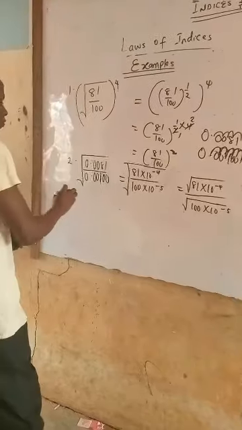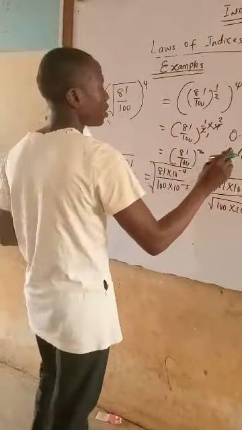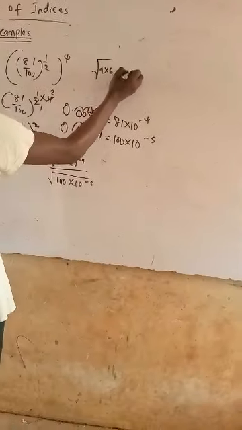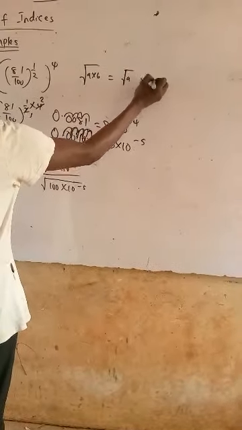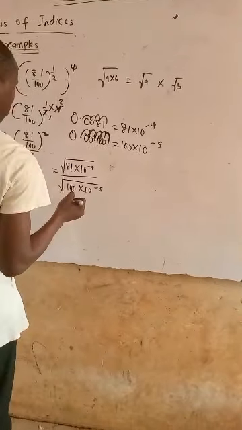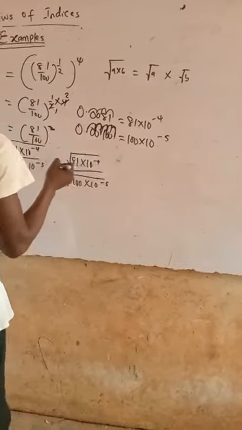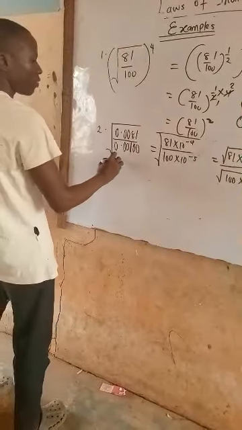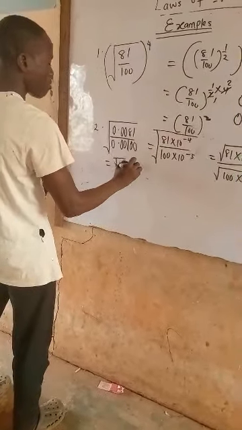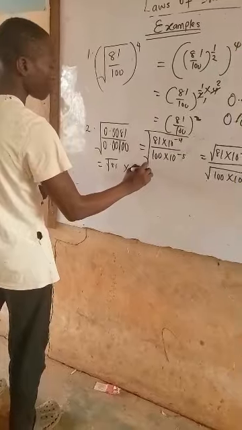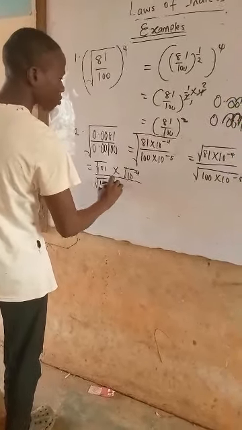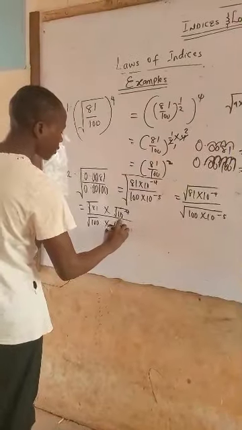Now, don't forget that from the law of surds, we have square root of a multiplied by b is the same thing as square root of a multiplied by square root of b. So I can now split this myself. So I have square root of 81 multiplied by square root of 10 raised to the power of minus 4 over square root of 100 multiplied by square root of 10 raised to the power of minus 5.